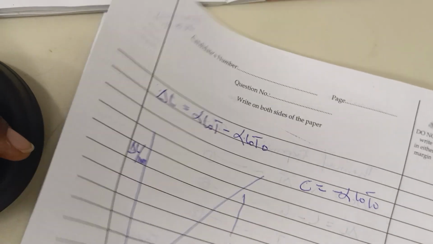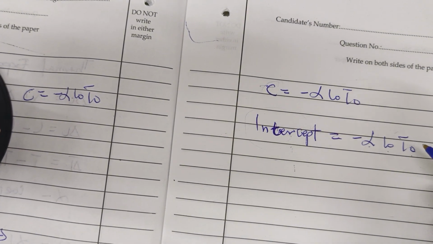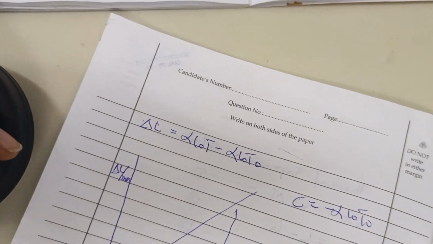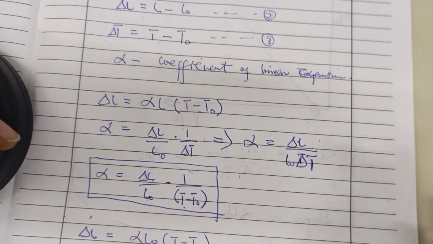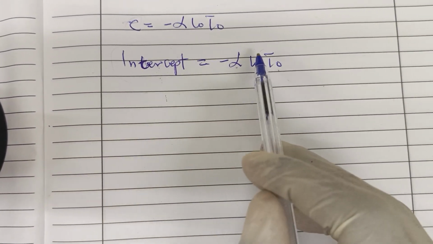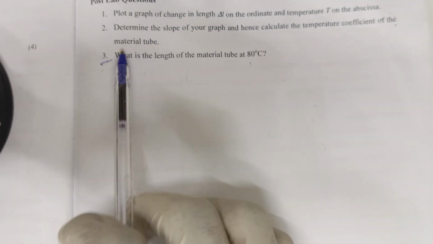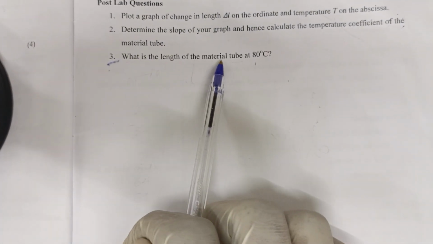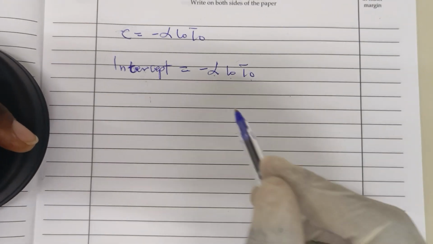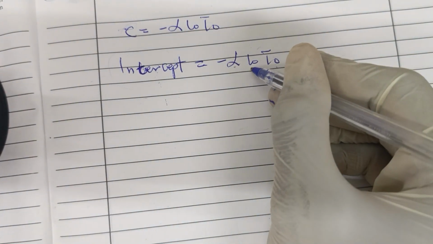So with that, we come to this part. We use this particular equation. They ask what is the length of the material tube. Let's read the question again: what is the length of the material tube at 80? So now we are interested in finding L naught. We are no more using this L naught. Using the value of the intercept, we are finding L naught.